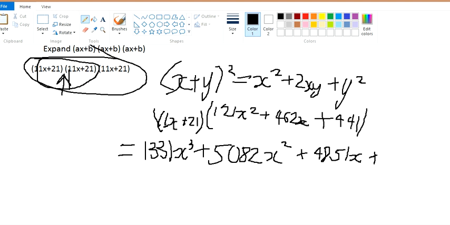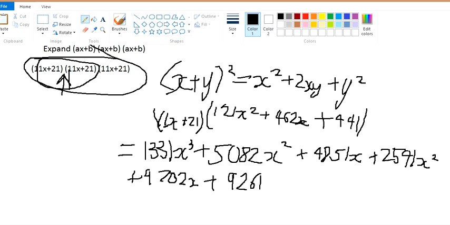Let me rush through this really quickly. 2,541 x squared, plus 9,702x, plus 9,261.